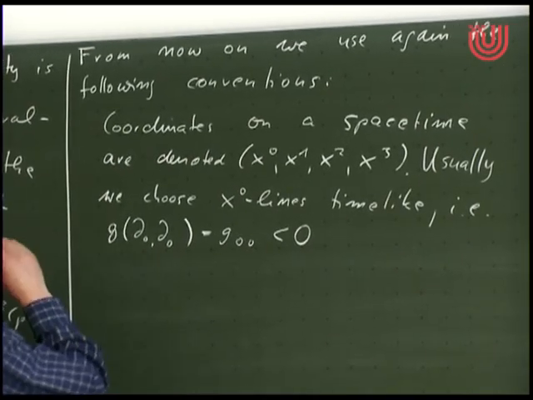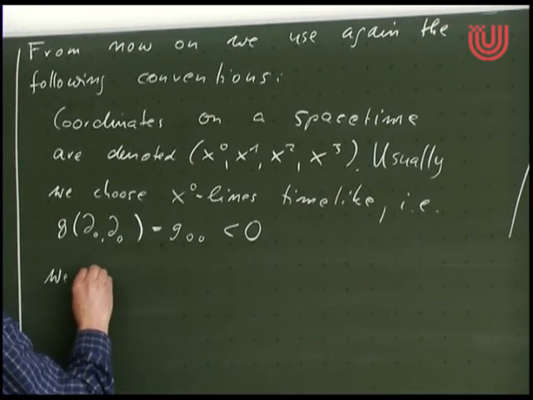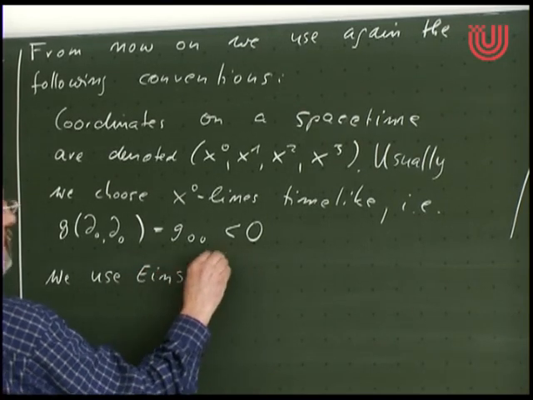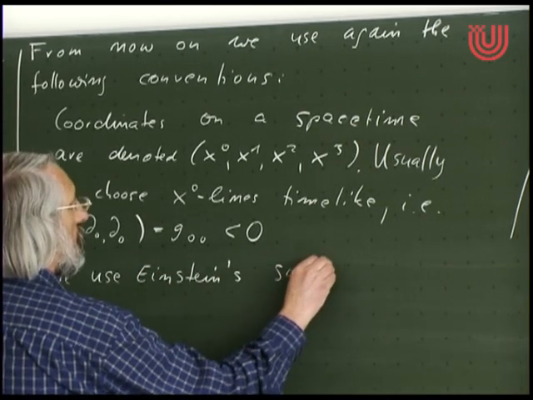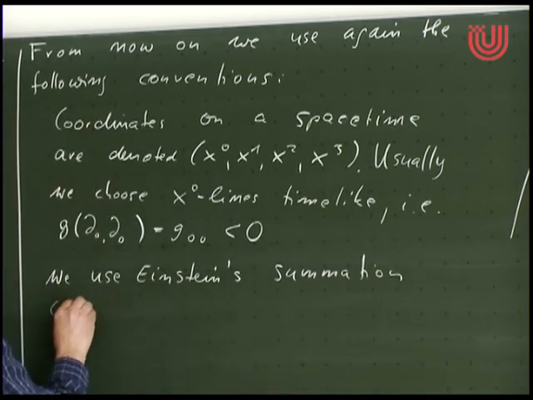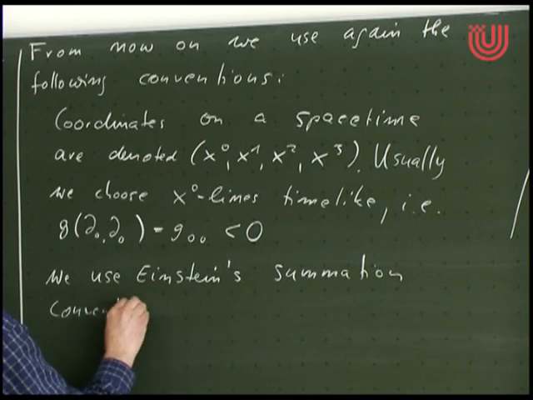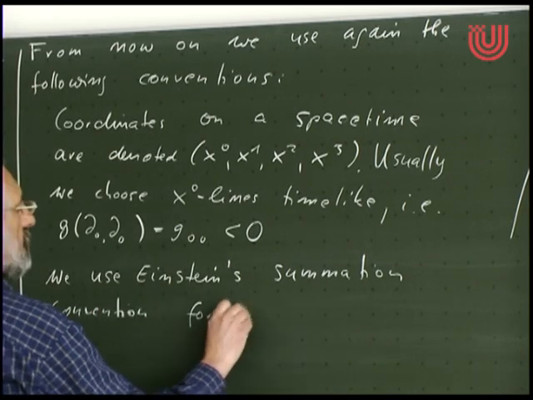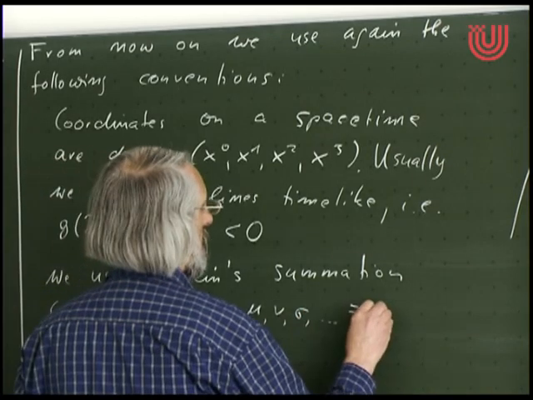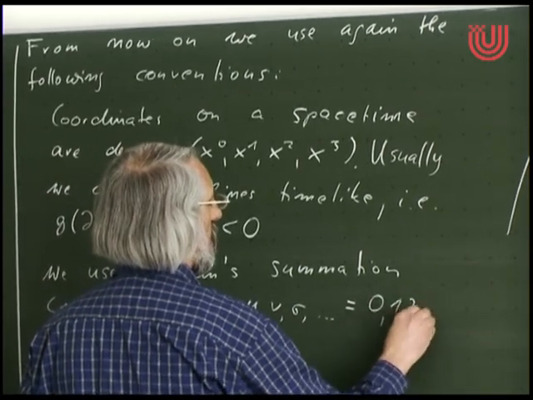So we use the summation convention, Einstein's summation convention, for Greek indices, mu, nu, sigma, or what else, going from 0 to 3.